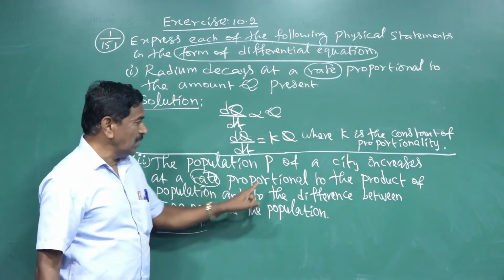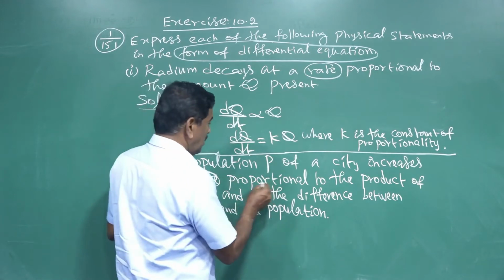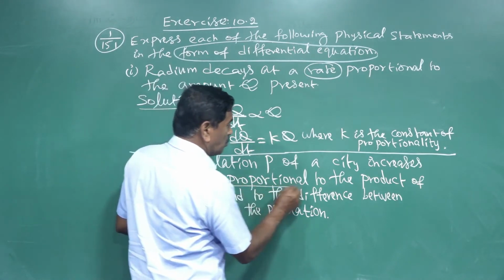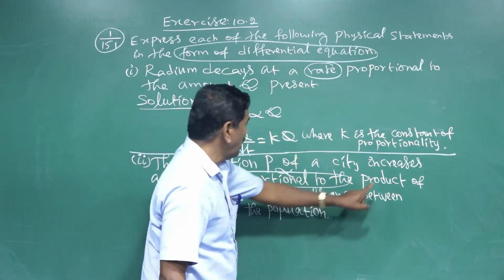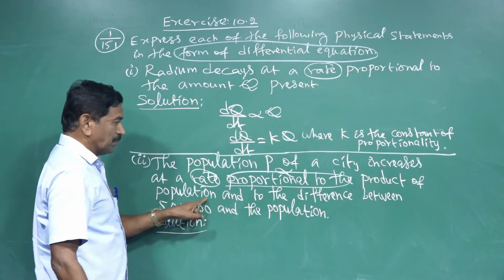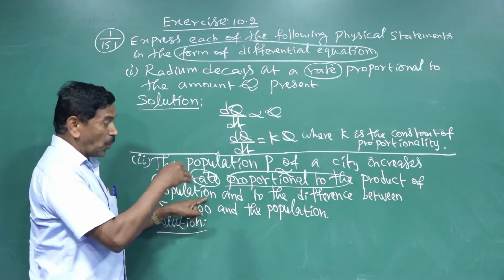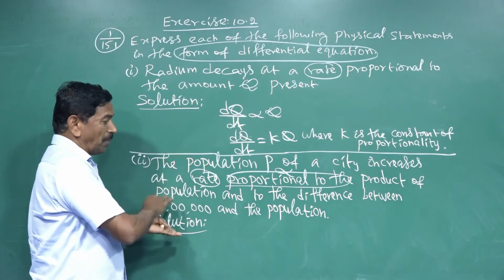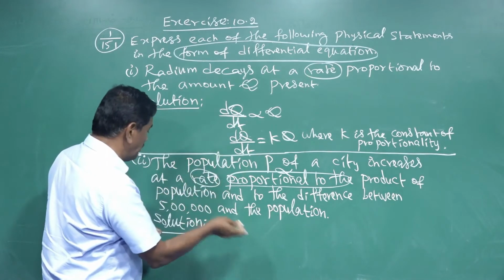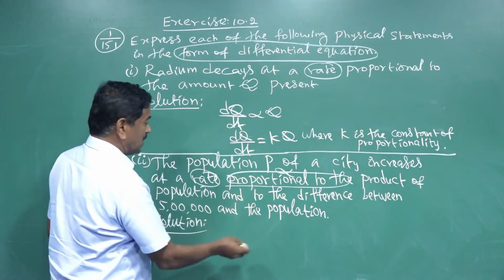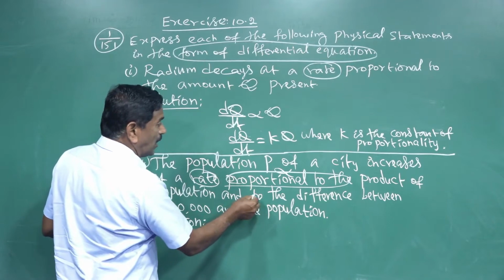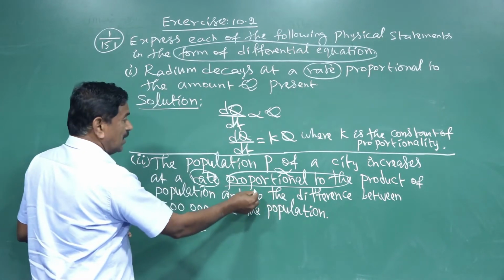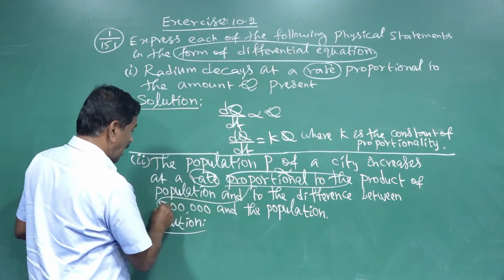At a rate proportional to the product of the population, that means P, and to the difference between 5 lakhs and the population.